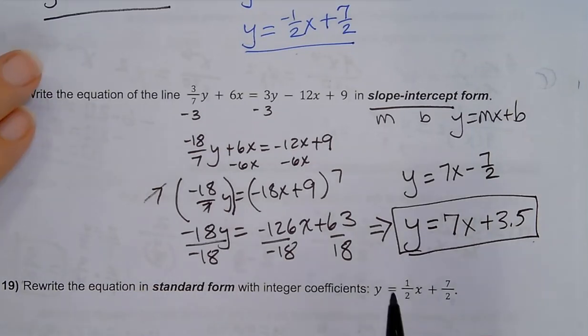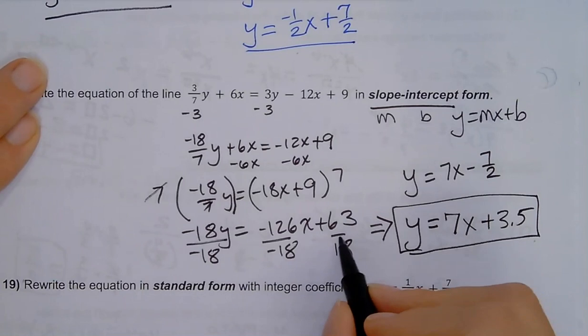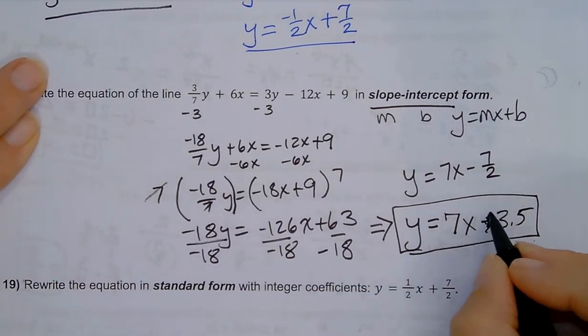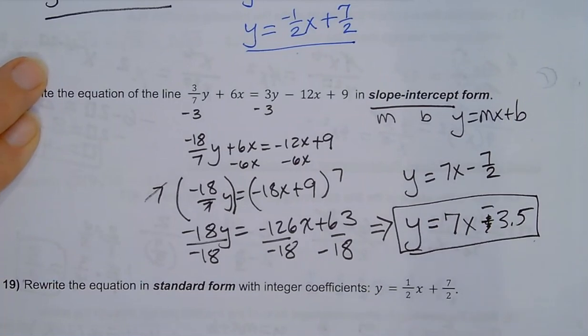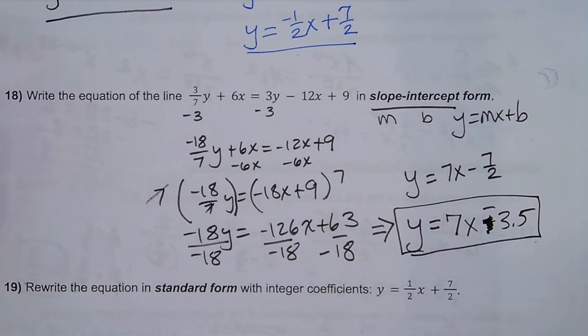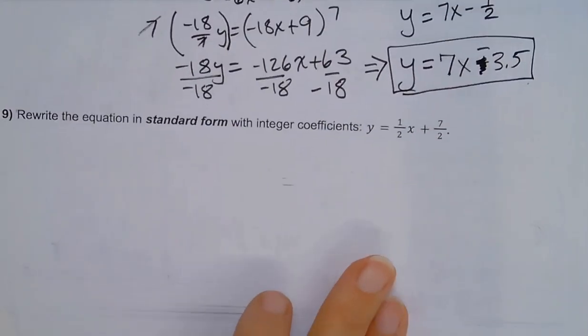I am minus, sorry about that, doing some math over here. If I'm dividing by negative 18, that is going to be minus 3.5. Sorry about that. Minus 3.5.